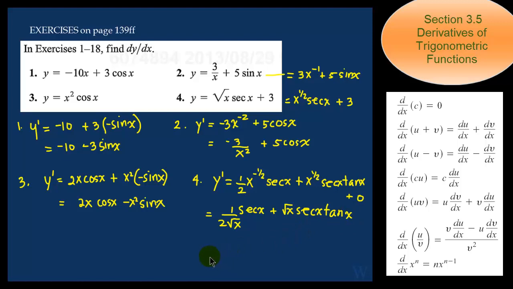And if you want to further simplify, you can pull out the secant of x here. So that's equal to secant of x times the whole thing, 1 over 2 square root of x plus square root of x times the tangent of x.